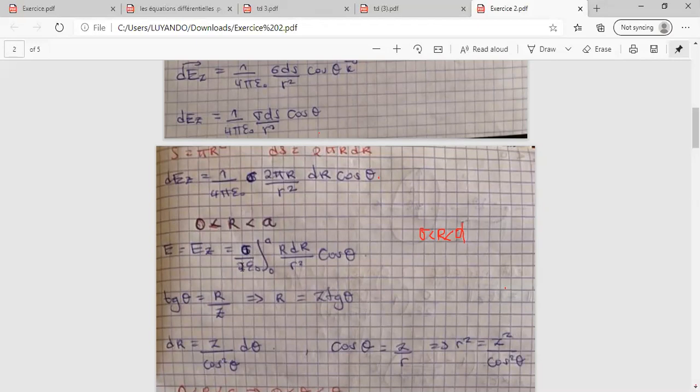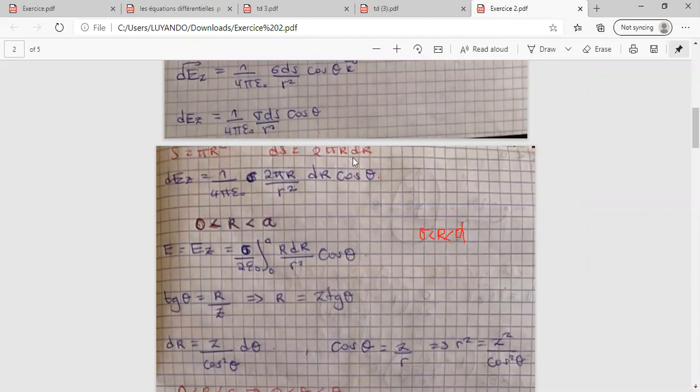So we bring our constants out. We're going to have what we have here: 1 over 4 pi epsilon 0, our constant, ds cos theta over R squared. So for our ds, we're going to have our surface area for a disk, which is what we have here.